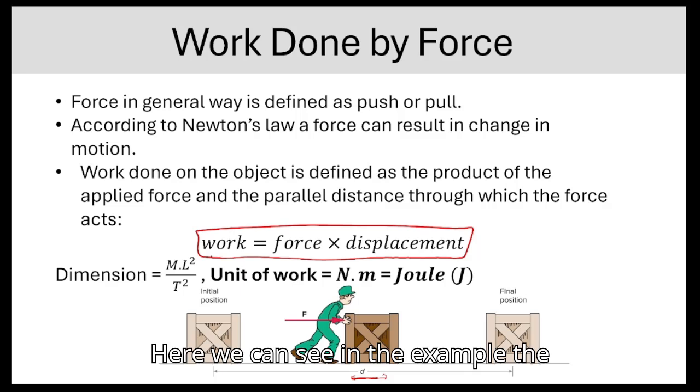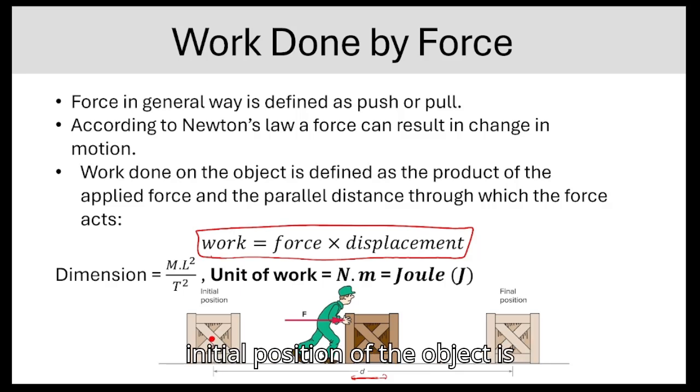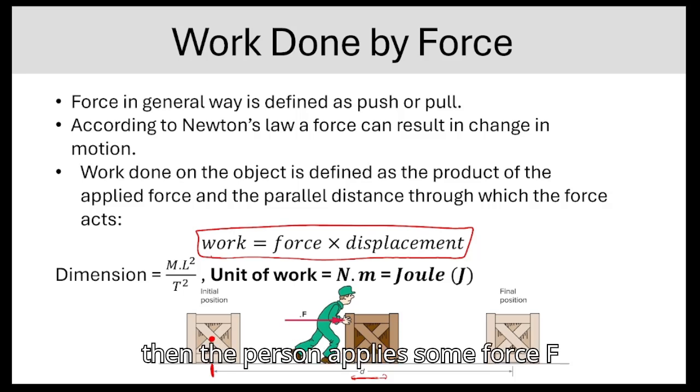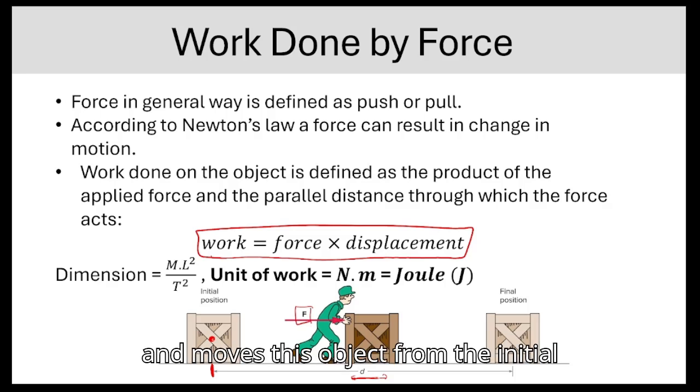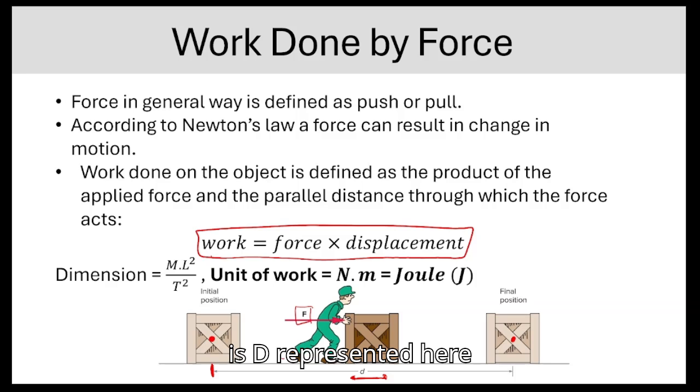Here we can see in the example, the initial position of the object is here, and then the person applies some force F and moves this object from the initial position to some final position here, and the displacement of this motion is d, represented here.